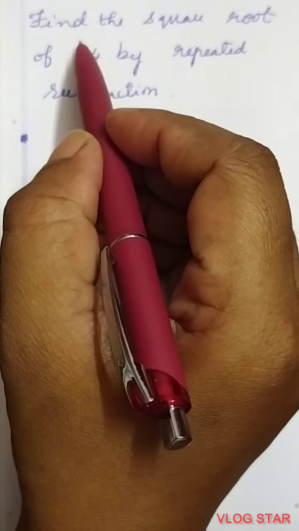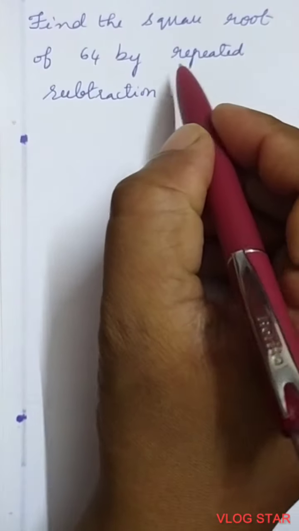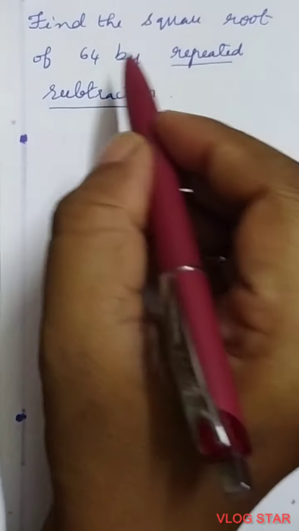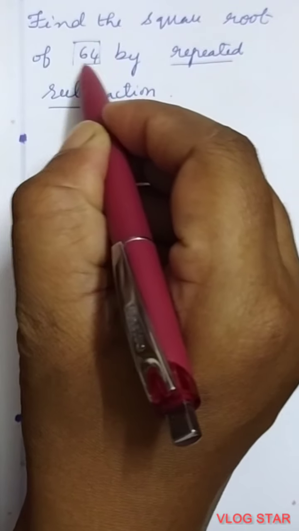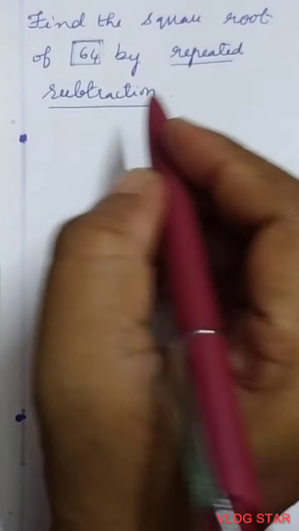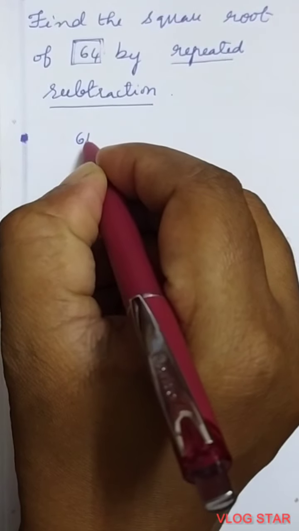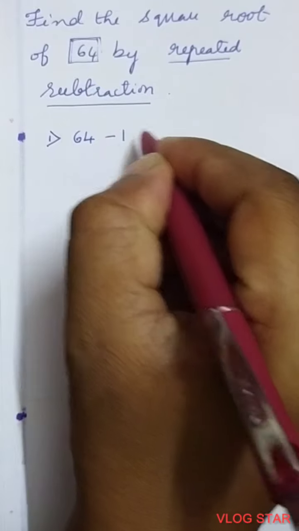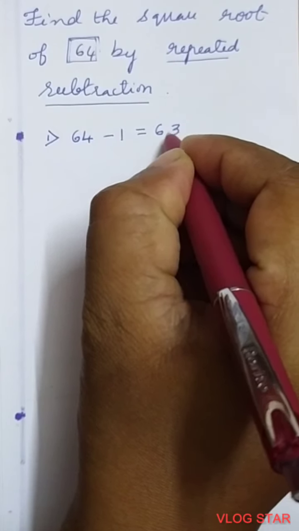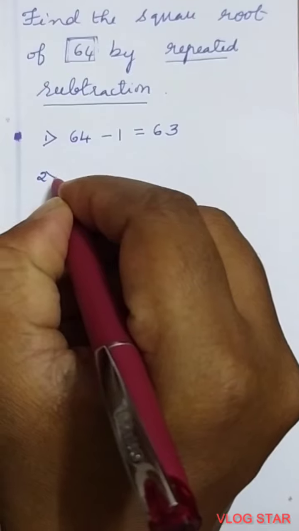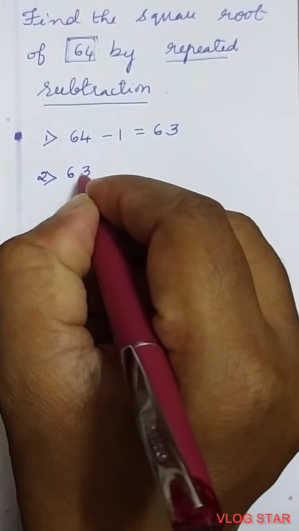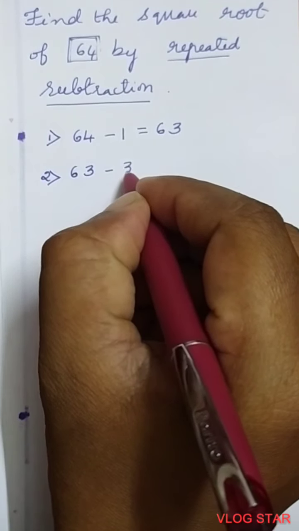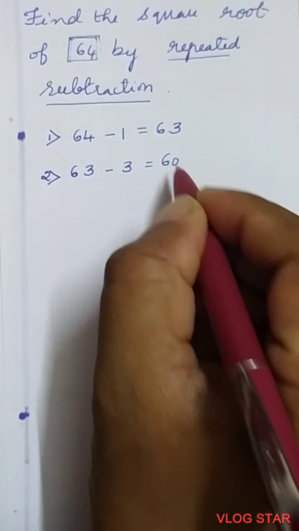Let's learn now how to find the square root by repeated subtraction. The number 64 is given, and we have to find its square root. First write 64. First step, subtract 1 from it, we get 63. Second step, 63 minus the next odd number 3 is 60.